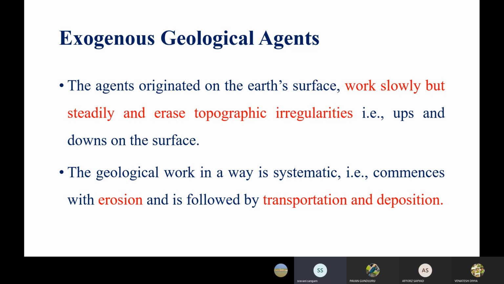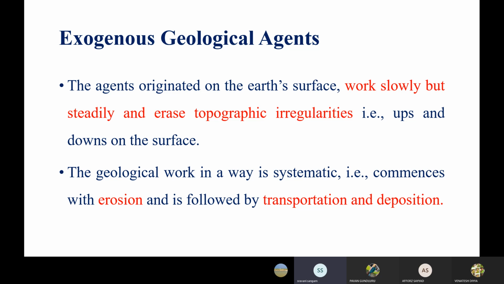Second one, the geological work is systematic, like erosion followed by transportation and deposition. Erosion takes place when the natural forces act on the earth surface. Then the eroded particles travel from some point and settle at one region, one point.